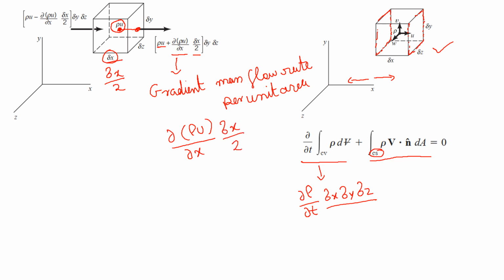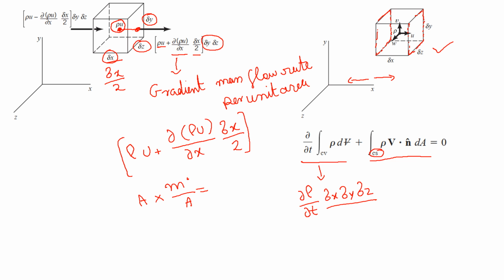So this is the change, and to represent the total change we will add the initial mass flow rate per unit area. And to convert this m dot per unit area into m dot, we multiply it with the area of this face, this delta z and delta y.